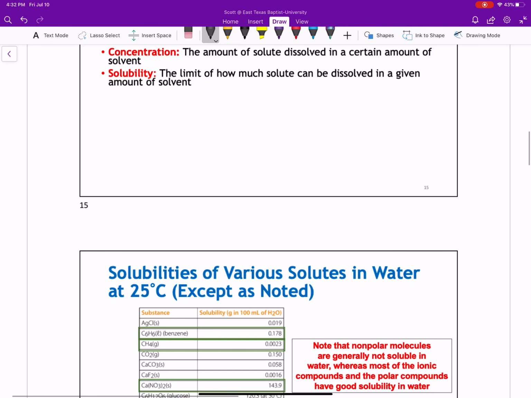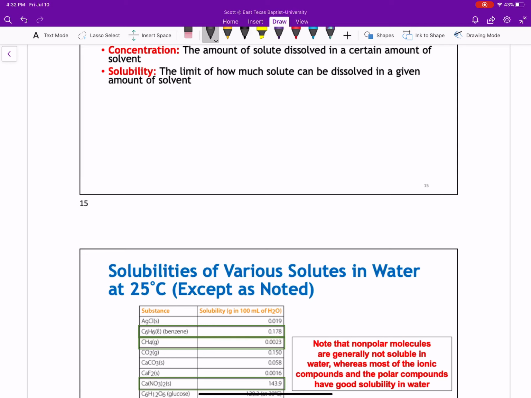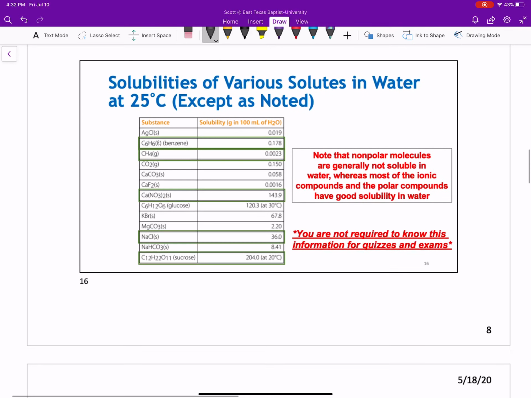We know that sodium chloride has a certain limit of solubility in water. We know that sucrose, table sugar, has a certain solubility in water to where no more can go into a given volume. For instance, here are certain solubilities of various solutes in water at 25 degrees Celsius, because as we know, when you increase the temperature, solubility tends to increase.